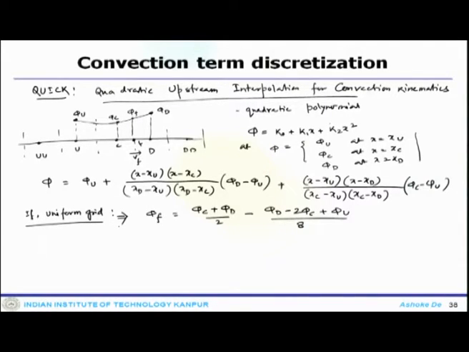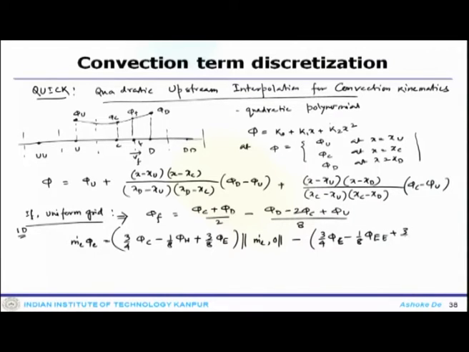Now, using this for the same uniform case in 1D, for the convection diffusion system, if you put it, you calculate that m dot e phi e is going to be (3 by 4 phi c minus 1 by 8 phi w plus 3 by 8 phi e) multiplied with m dot e 0, minus (3 by 4 phi e minus 1 by 8 phi double e plus 3 by 8 phi c) multiplied with minus m dot e 0.